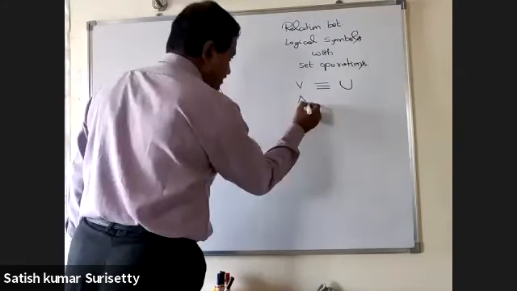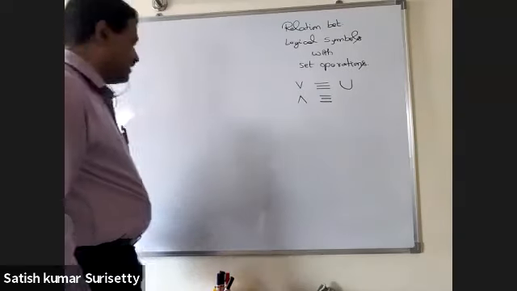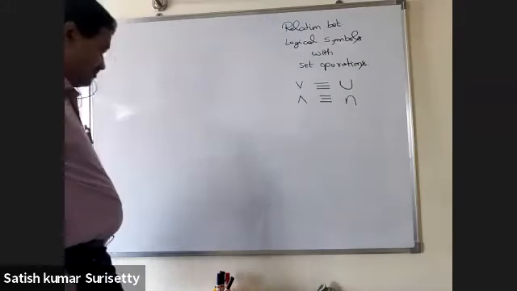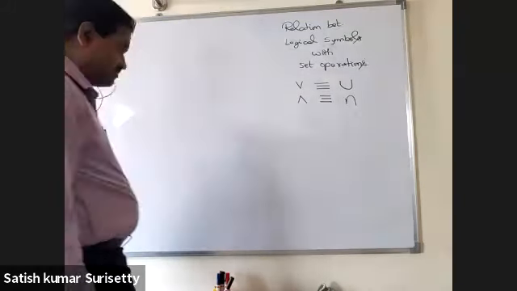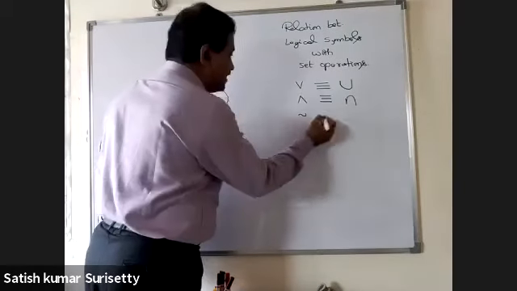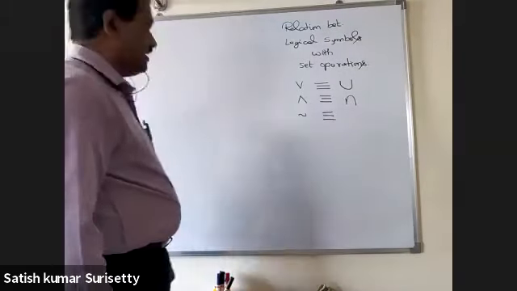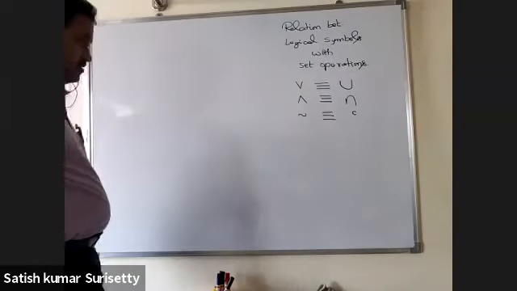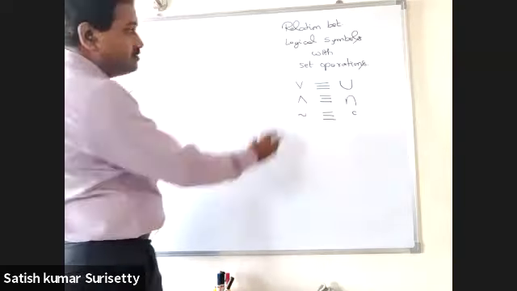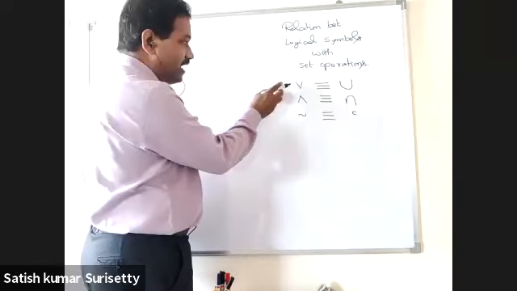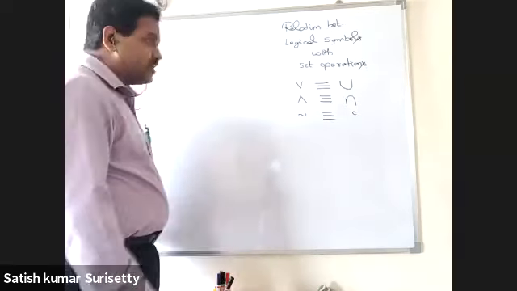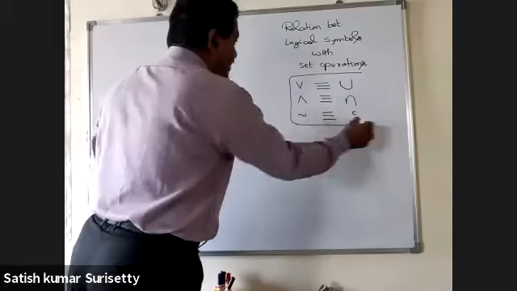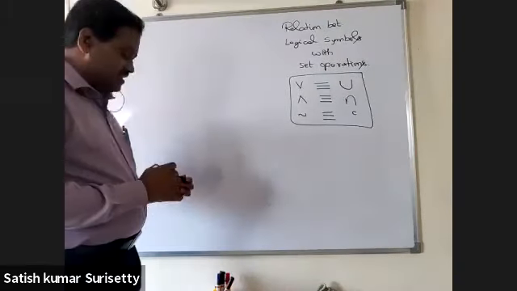The conjunction corresponds to the set operation intersection. Negation in terms of set operations is complement. That means whenever you are unable to handle the statements involving logical connectives or compound statements, you can convert them into set operations and try to reach the results or conclusions.